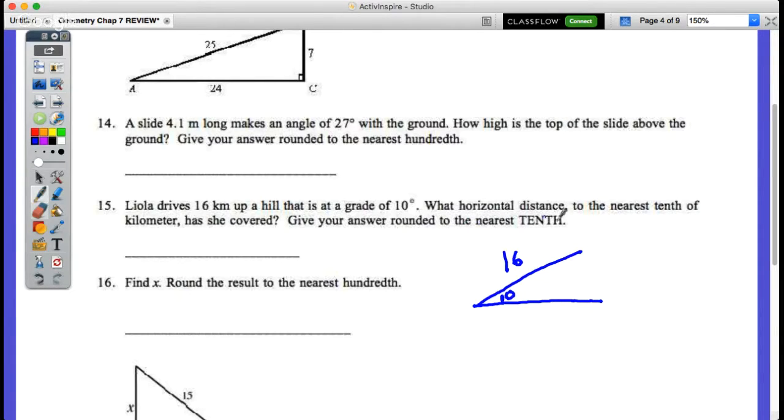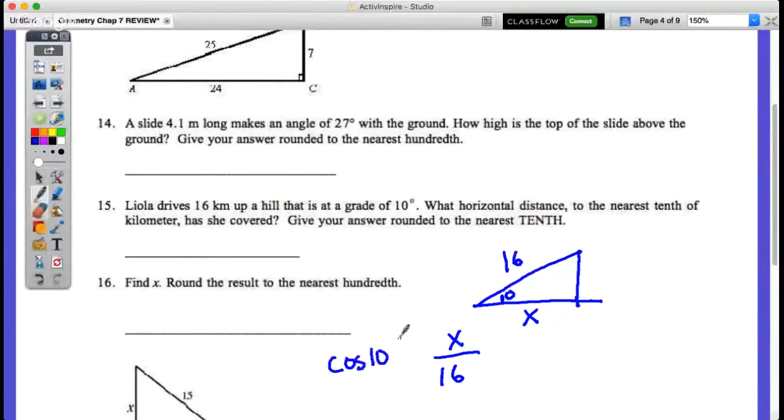What is the horizontal distance to the nearest tenth of a kilometer that she has covered? So even though she's gone 16 kilometers up the hill, the horizontal distance means this is what we want to find. So that is adjacent over hypotenuse. So that's cosine.